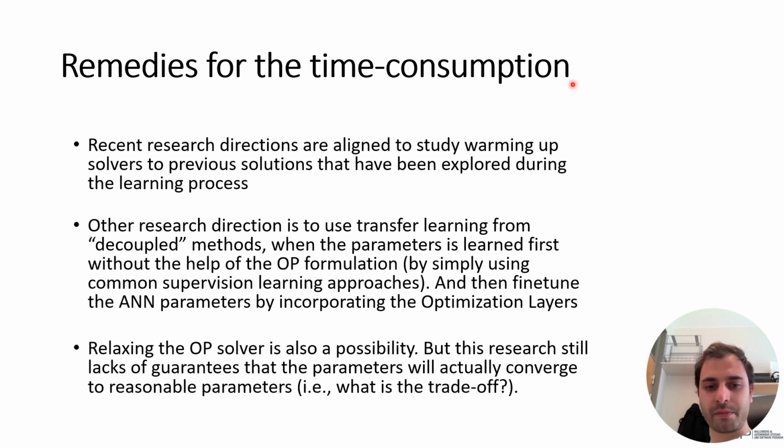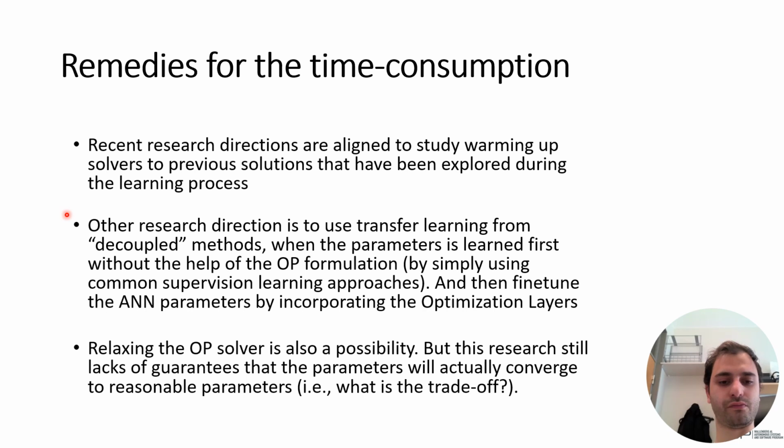So what are the remedies for the time consumption? Recent research directions are aligned to study warming up solvers to previous solutions that have been explored during the learning process. Another research direction is to use transfer learning from decoupled methods, which basically first learn the predictions of y separately without any optimization problem feedback.